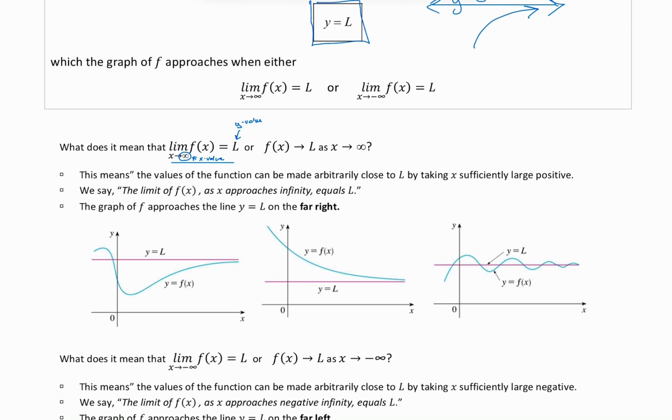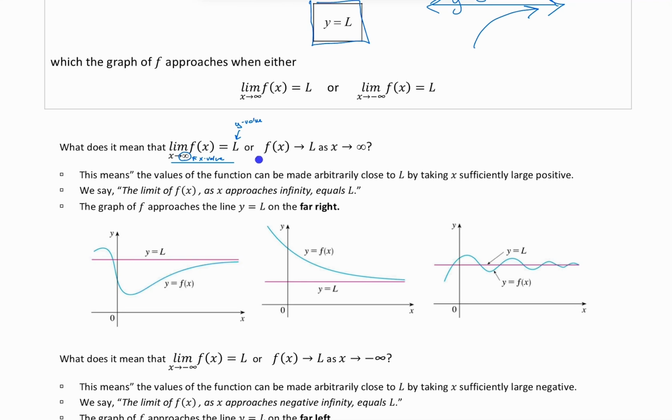So here are some examples of limits. We say the limit of f of x as x approaches infinity equals L. You can see that our line in this example is approaching that pink line. That means it can cross it at some point in the middle of the graph, but as we go further and further right, it's approaching that pink line.